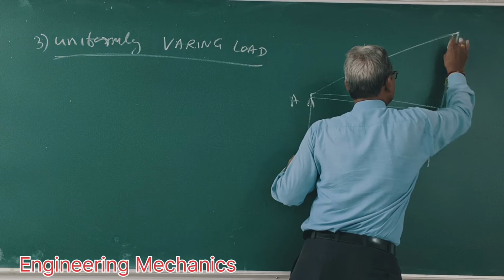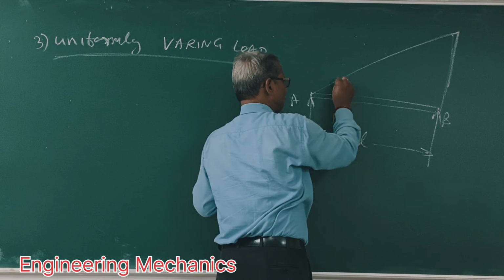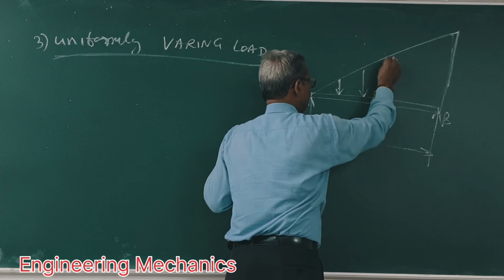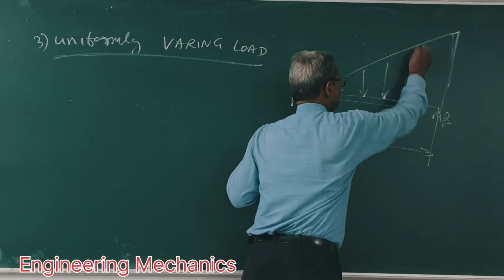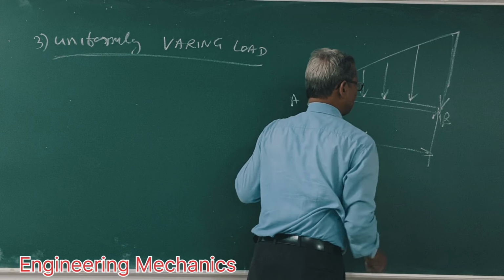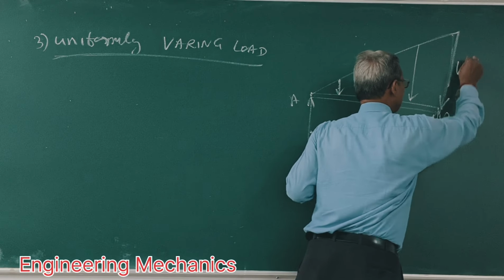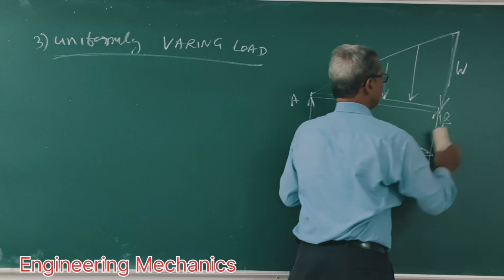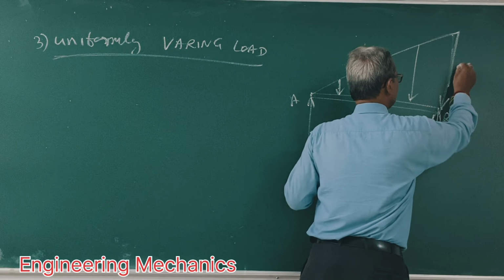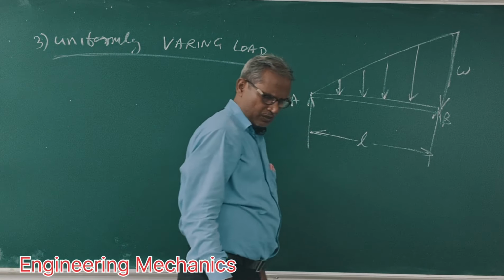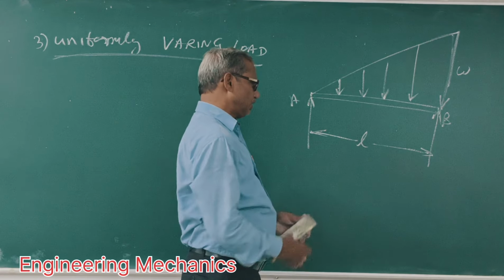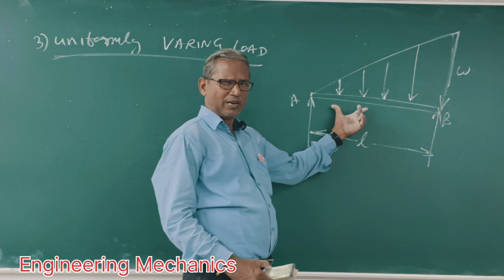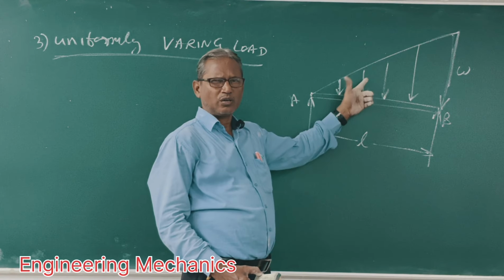Suppose it starts from 0, W, 2W. Suppose total load W, small w. Suppose for some length the load is 2 Newton, another 2 meter length 4 Newton, another 2 meter length 6 Newton.